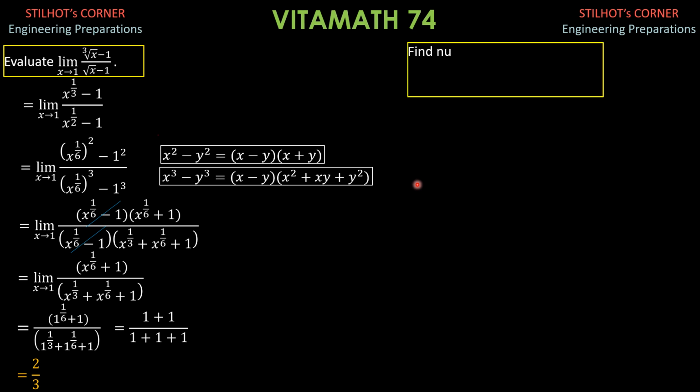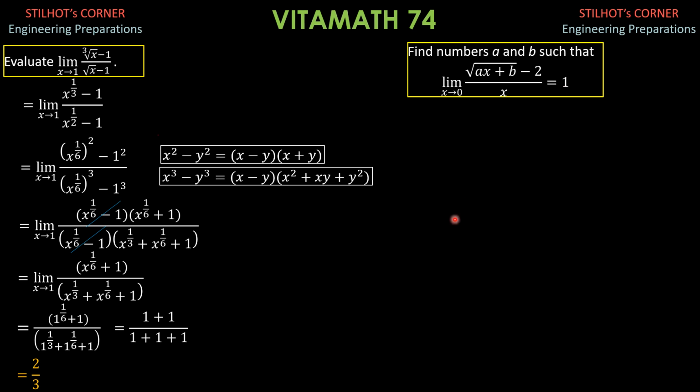Then let's proceed to the second problem. Find numbers a and b such that limit as x approaches 0 of square root of ax plus b minus 2 quantity in the numerator over x is equal to 1.